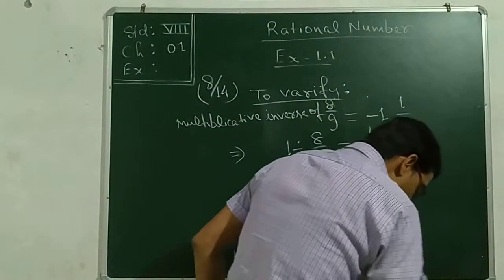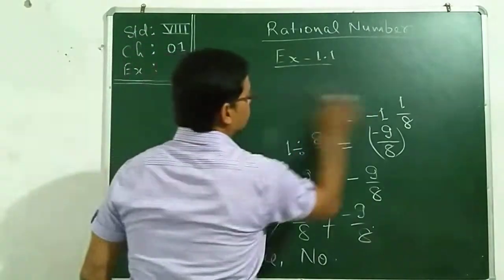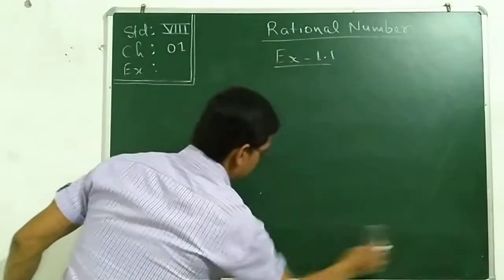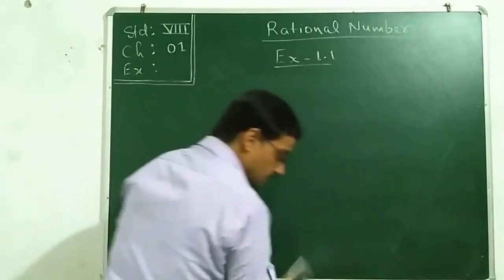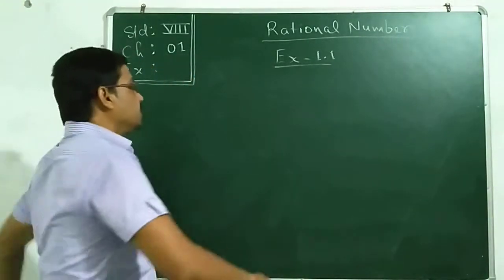Come to the next sum, that is number 9. Is 0.3 the multiplicative inverse of 3 whole 1 by 3?